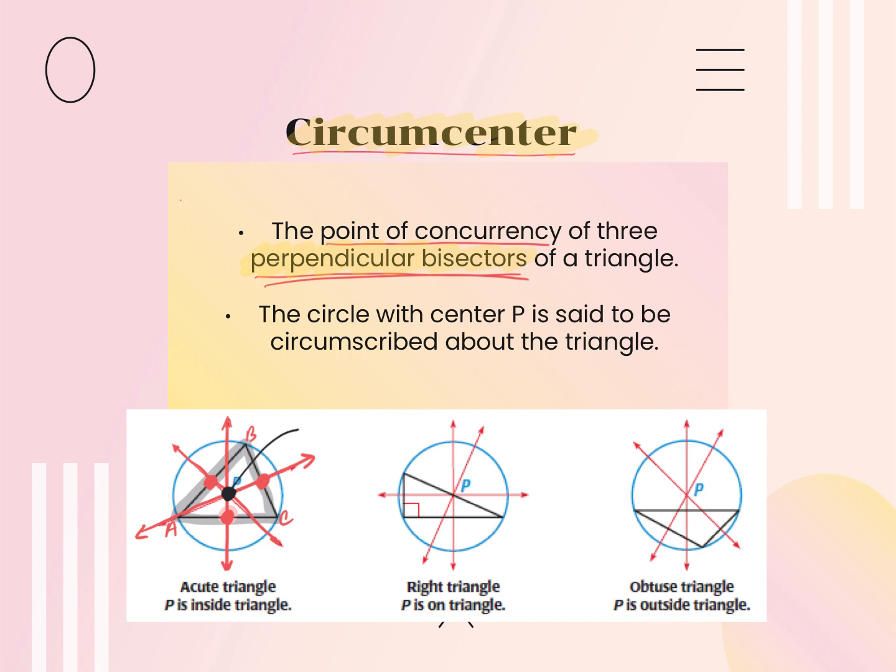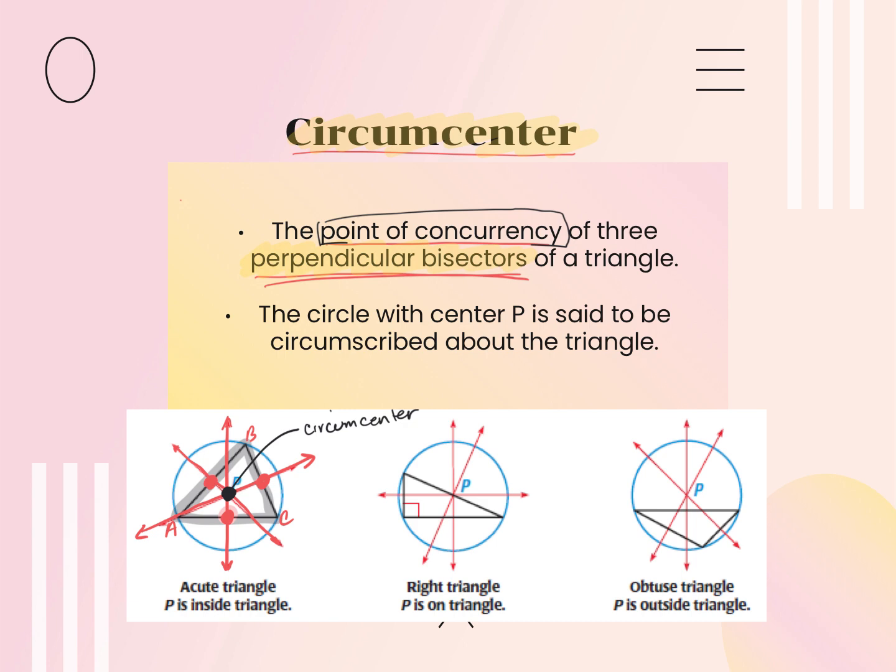That point right there, yes, it's the point of concurrency, but because it was created by perpendicular bisectors, we call it the circumcenter. Now notice in this particular triangle, the circumcenter is located inside the triangle.